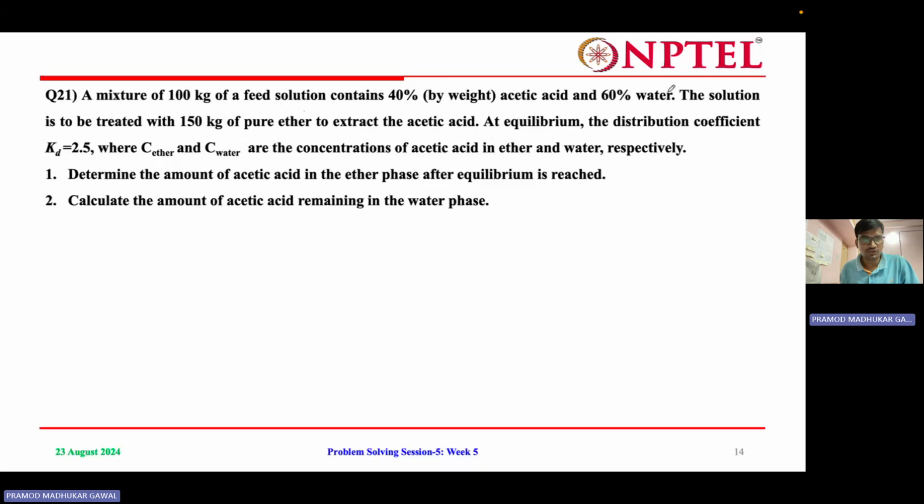At equilibrium, the distribution coefficient Kd is 2.4. C ether and C water are the concentrations. Determine the amount of acetic acid in the ether phase after the equilibrium is reached. And second, calculate the amount of acetic acid remaining in the water phase.